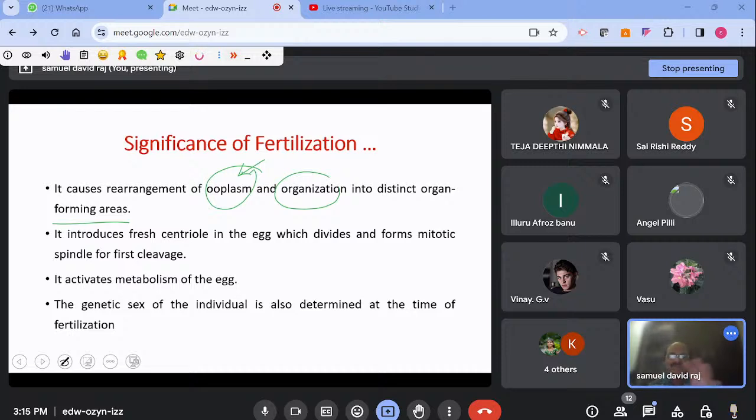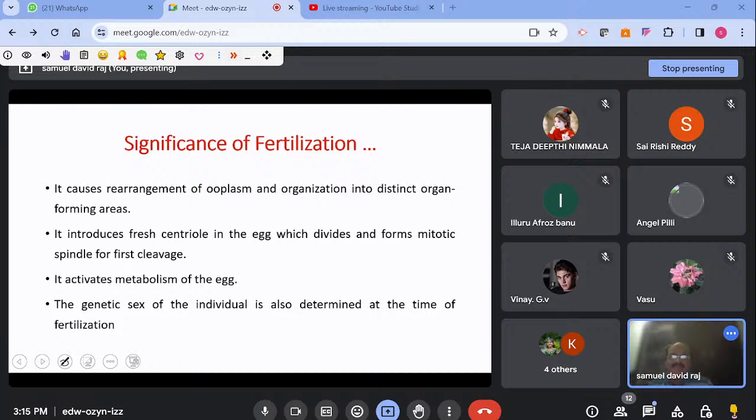Thus here the ooplasm is organized into distinct organ forming areas. So this area forms, let us say, the alimentary canal. This area forms the body wall, this area forms the nervous system, and all other visual organs from this area. Thus all the different organ forming areas are said to be organized, rearranged in the ooplasm.